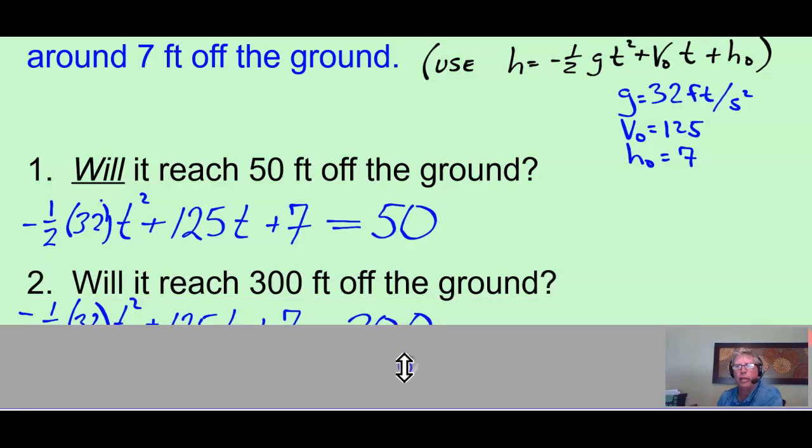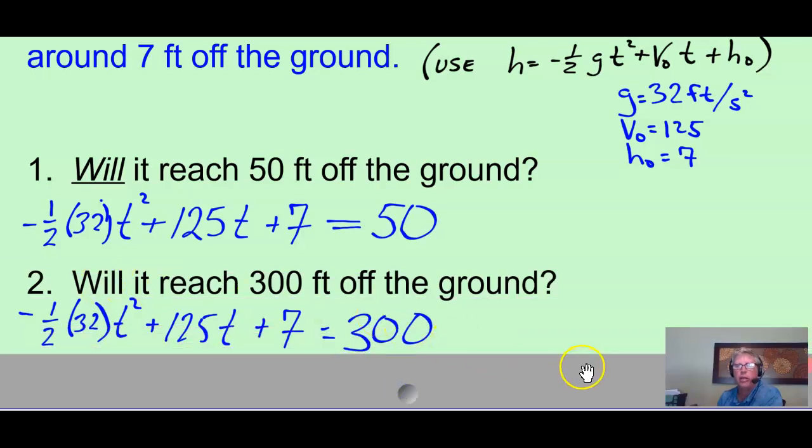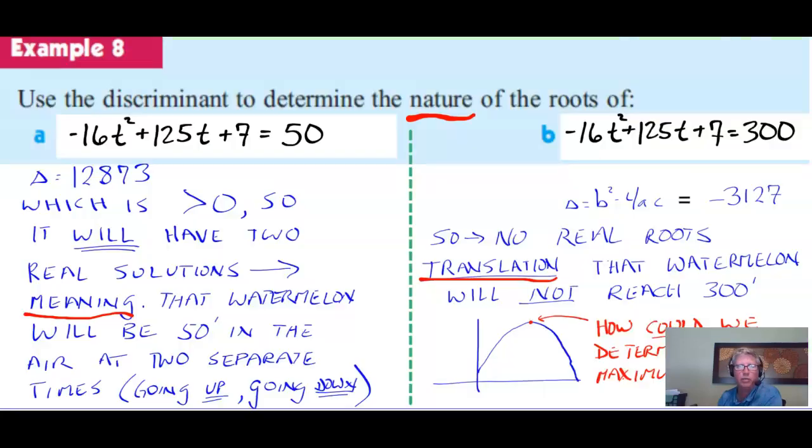And while we're at it, I wonder if it would reach 300 feet. So do you see how we set the same height equation equal to 300? If you're paying attention, you'll know that we just solved those in the previous slide. Those are the equations that I asked you to find the discriminant for. So let's check it out.